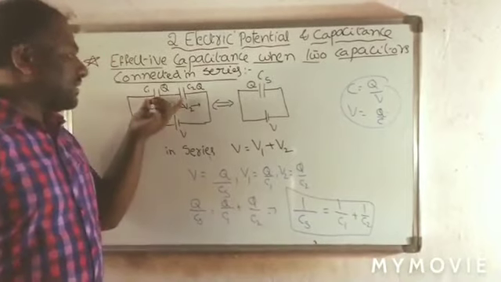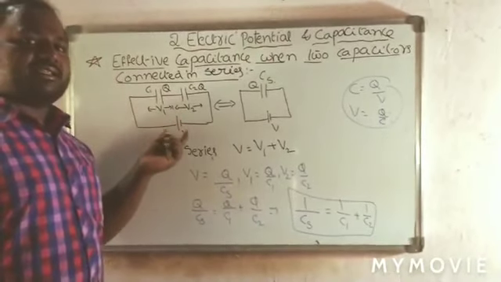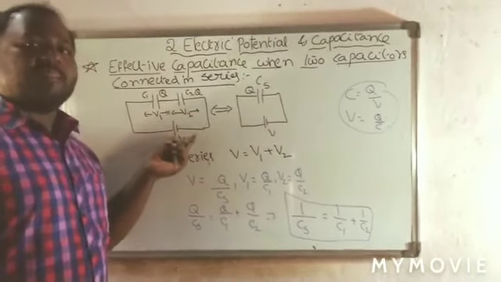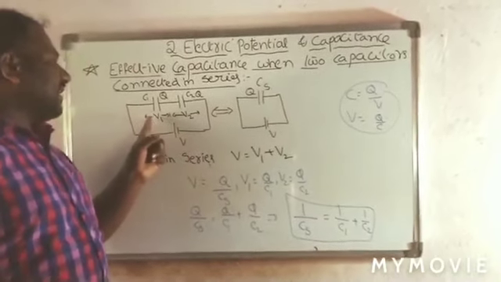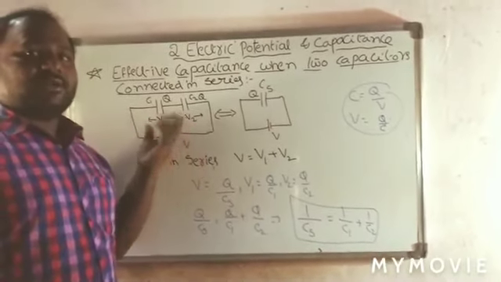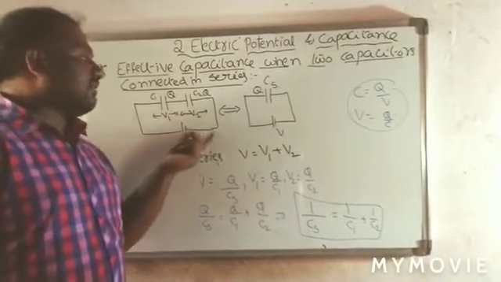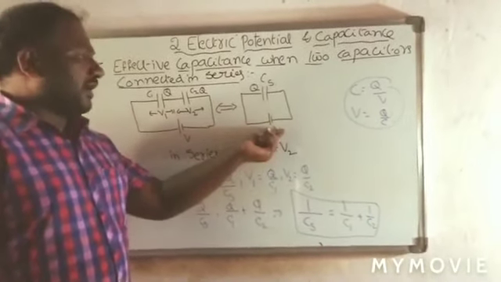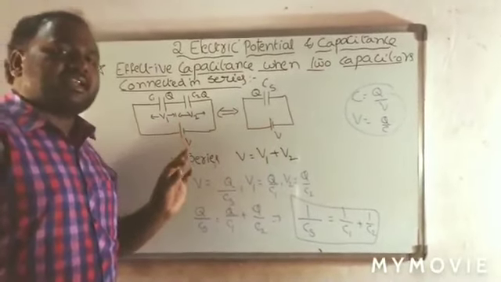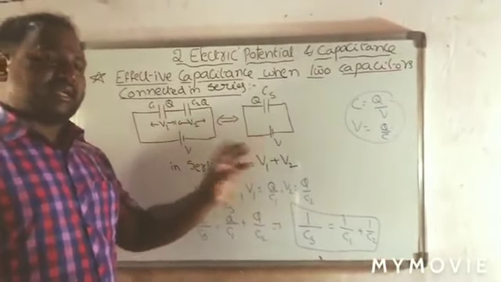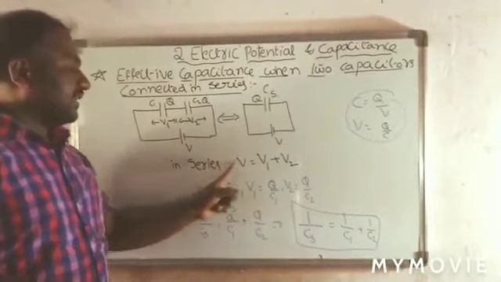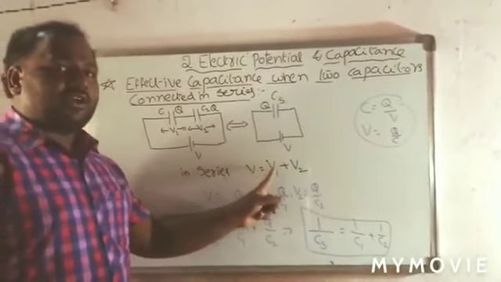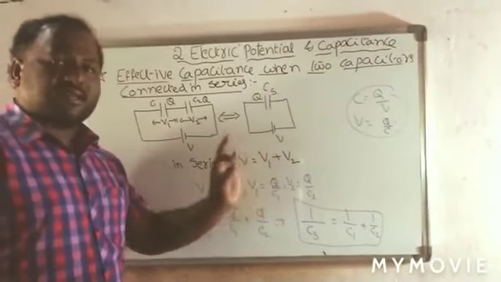Here I take two capacitors. Those two capacitors are connected in series across a voltage source. In series, voltage is divided, that is V1 and V2. Now this circuit is written as an equivalent circuit with effective capacitance Cs and applied voltage V. But in the series circuit, the charge is constant. We know that in series connection, applied potential is equal to drop across C1 plus drop across C2.